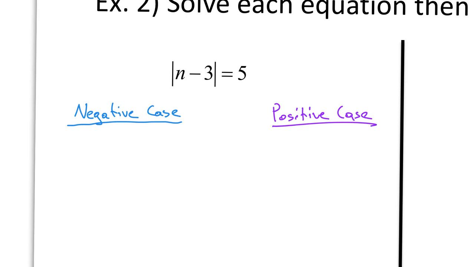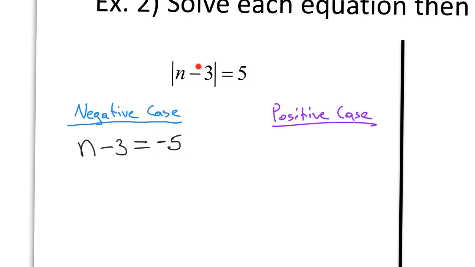The way we set up our two cases, I have a negative case on the left side and a positive case on the right side. We are going to take what's inside of the absolute value. We're not going to use those vertical lines anymore. I'm just going to copy what's inside, n minus 3, and I'm going to equal that to a negative number from this side. So that'll be a -5. And let me explain why we use a -5 here. Because if you think about it, the absolute value of -5 is 5.